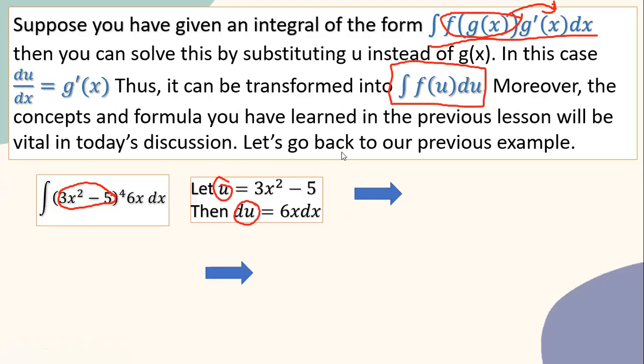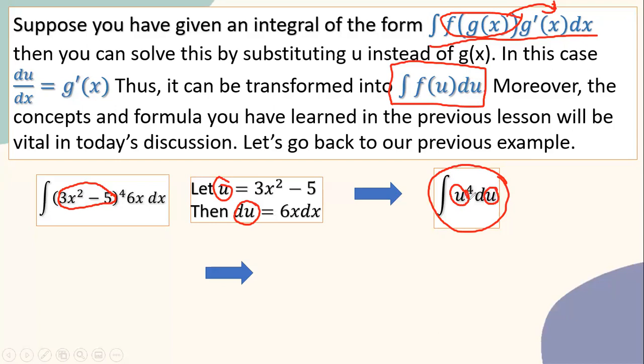So substitute lang natin. In simplest form, naging integral of u to the fourth du na. Madali na pong i-integrate yan. Before that, dapat parehas yung letter.